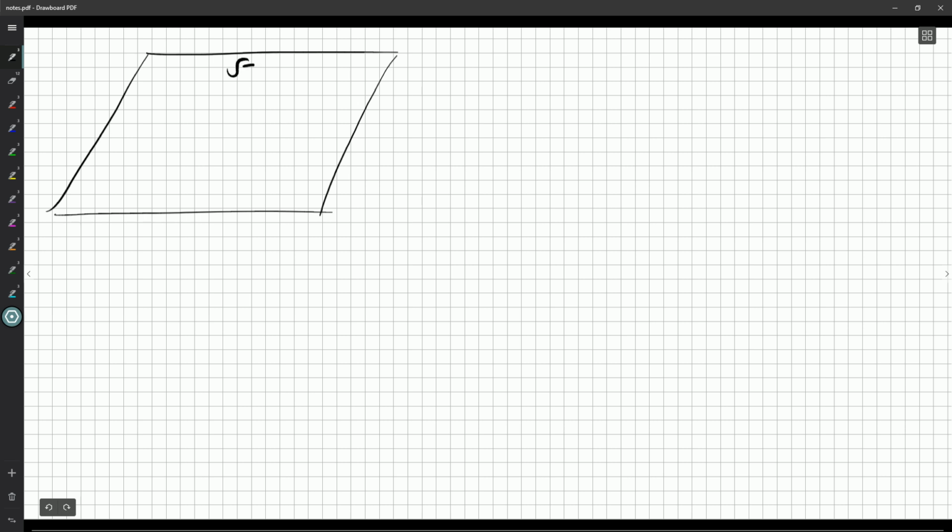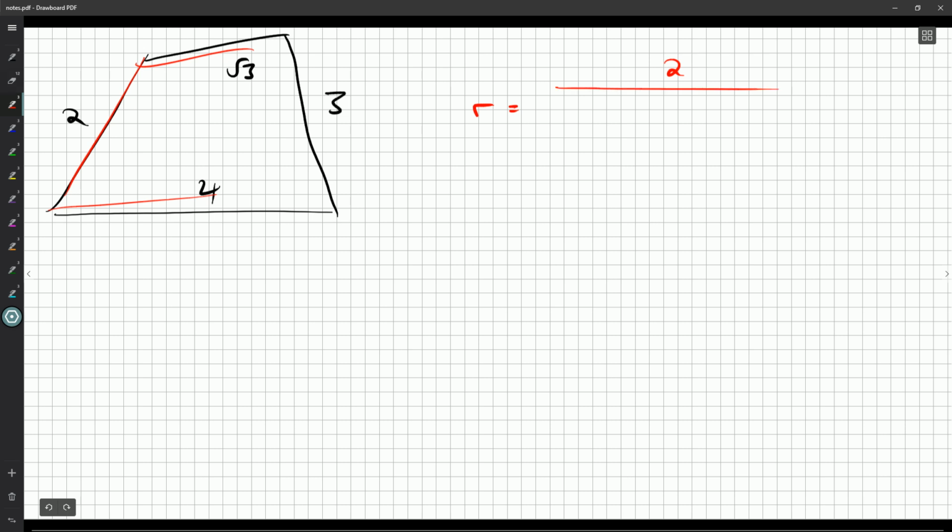So now we've got root 3, we have 3, we have 2. I know it actually should be a little more slanty than that. So let's say, there we go. So what we can do is we can say, all right, if I'm going to use these 3 sides, I'll have a radius of 2 over, what were these? 60, 60, 150, yeah, because it was a 30 up above and a 90.